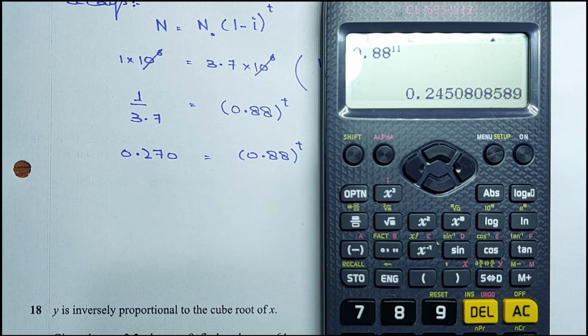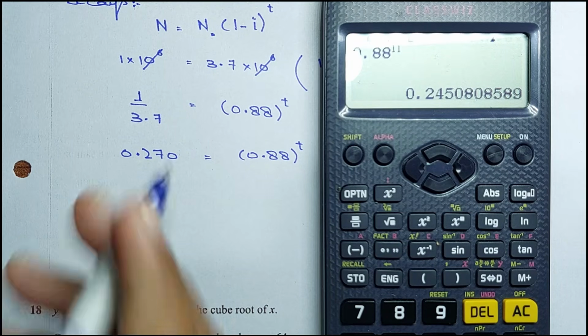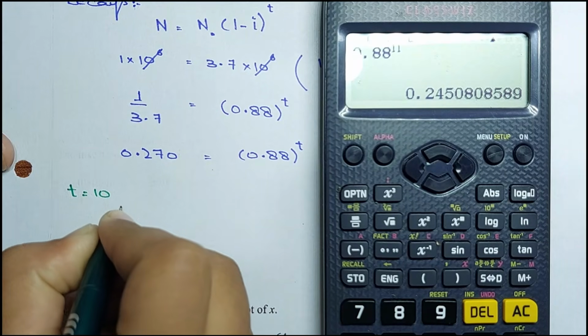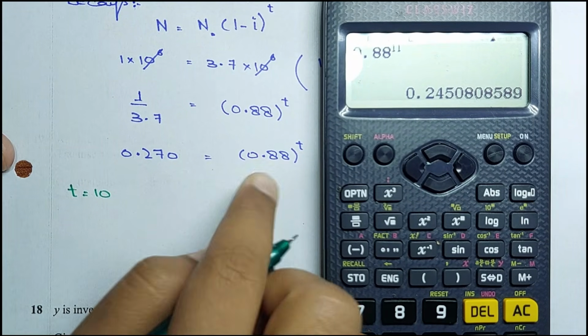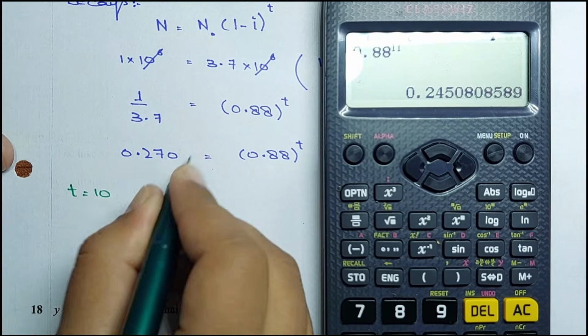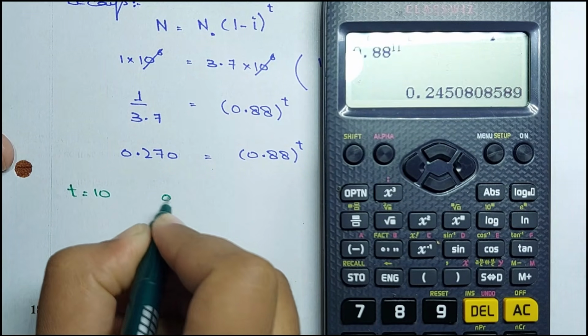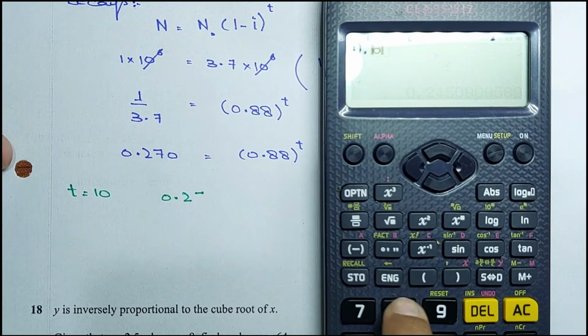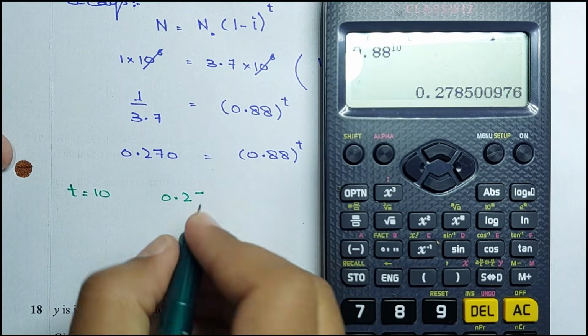Okay, let me write this down and then simplify. When t is 10, 0.88 to the power of 10 is 0.278.